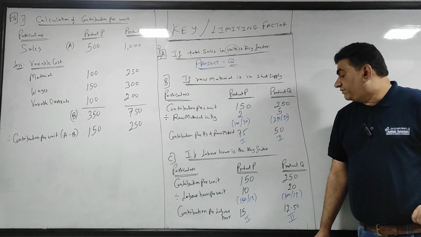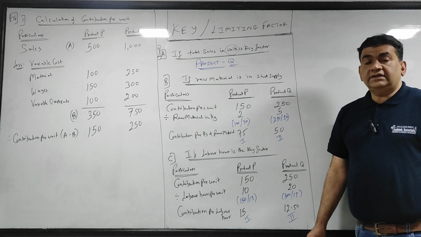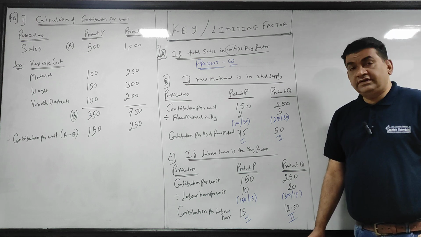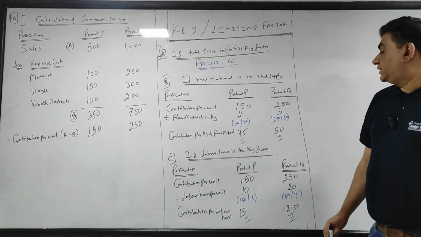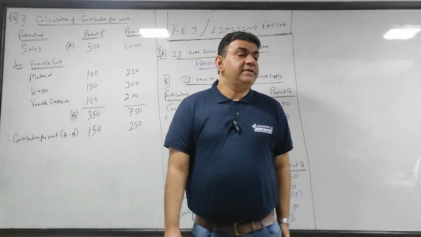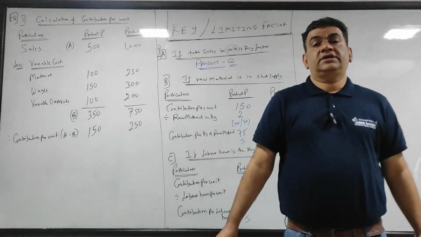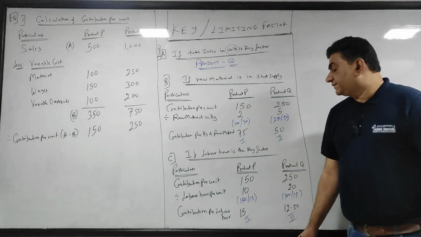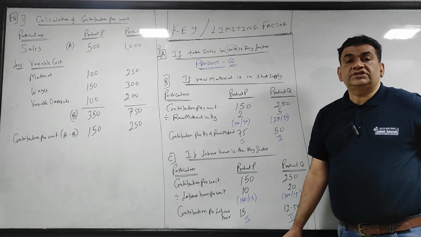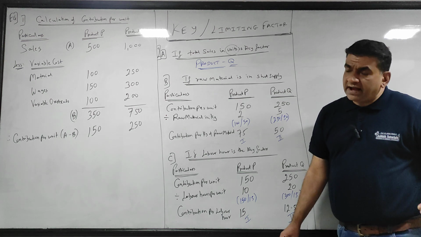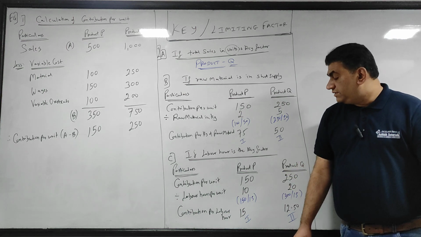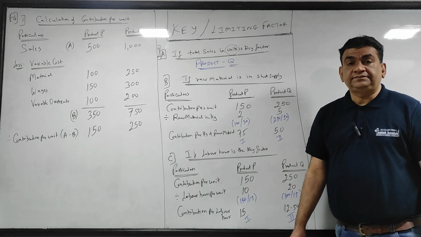In the given case, product P will be preferred over product Q as it has a higher contribution per labor hour.